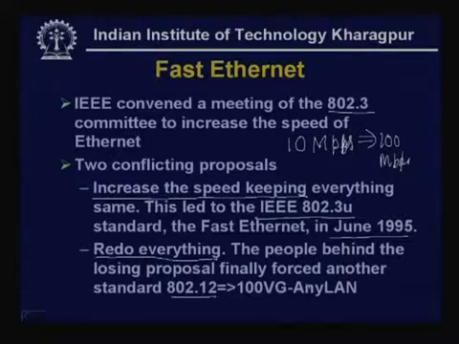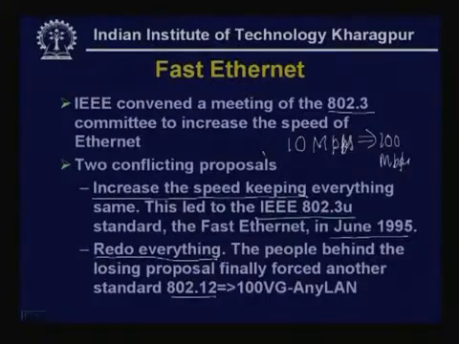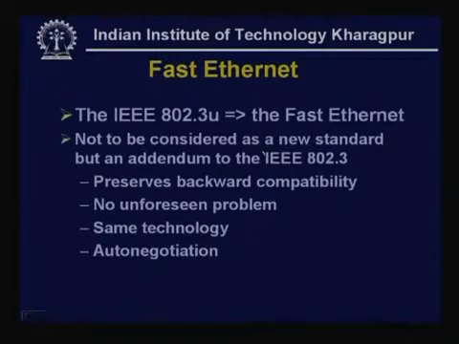However, it uses a completely different approach. Unfortunately, this particular standard has not become popular, so I shall not discuss it in this lecture. On the other hand, fast Ethernet has become popular because of the widespread deployment of Ethernet. Let us look at the features of fast Ethernet.